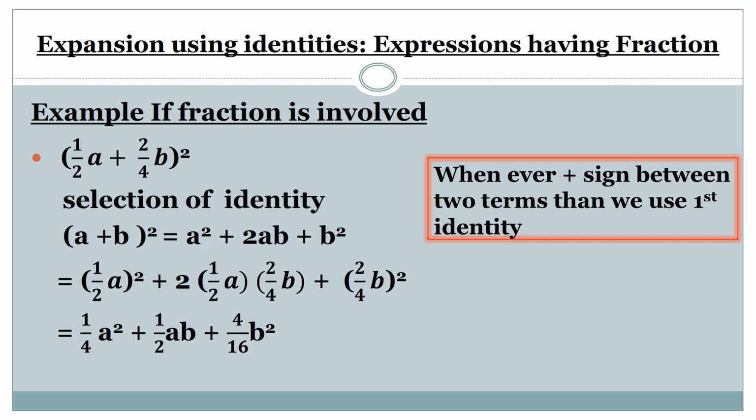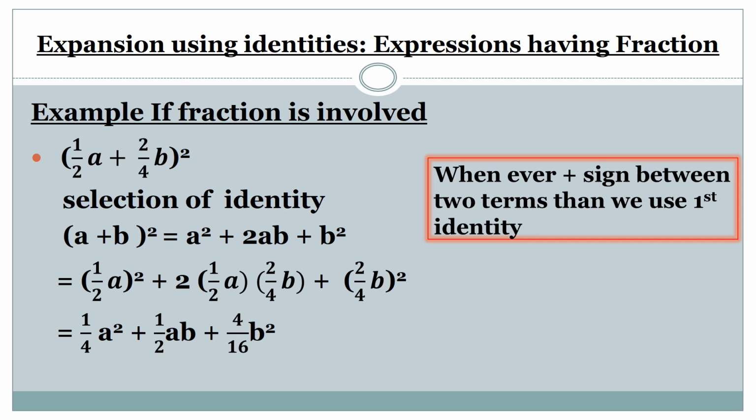As you can see, the expression contains two terms, 1 by 2a and 2 by 4b, and both terms are in fraction form. As there is a plus sign between the two terms, we are very clear that we can select the first identity, that is (a plus b) whole square is equal to a square plus 2ab plus b square.